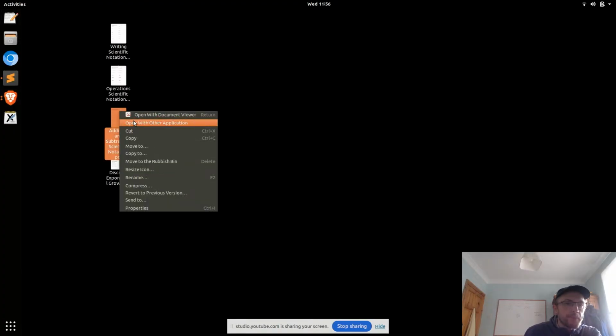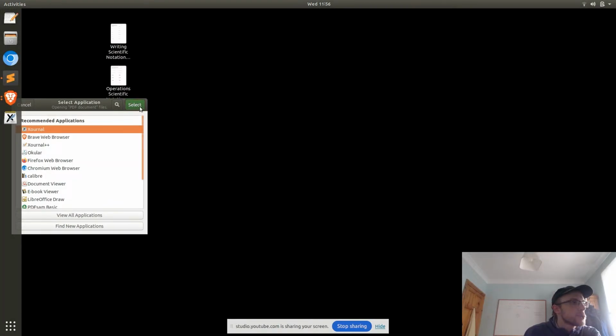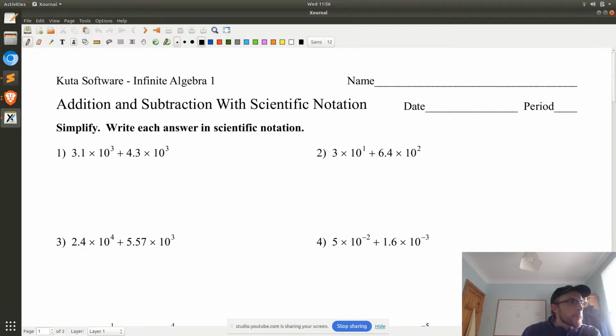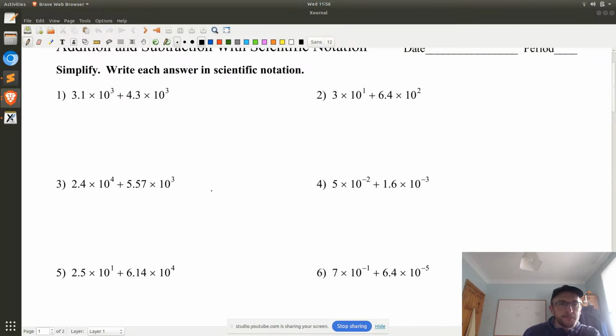Next comes addition and subtraction with scientific notation. Only 14 tasks to do. So probably I won't be able to do... No. Try and do as many as you can without calculator assistance.